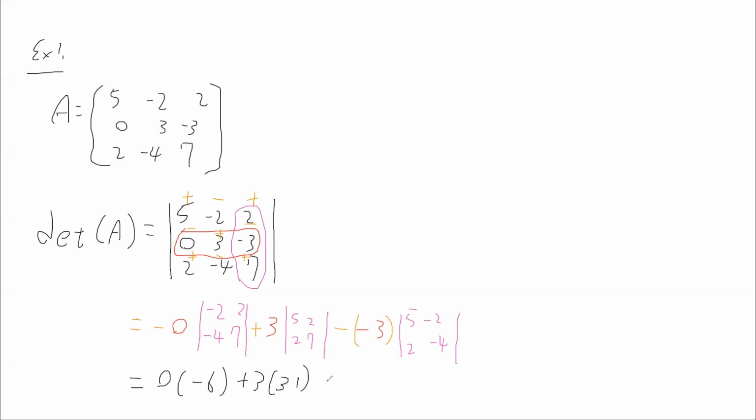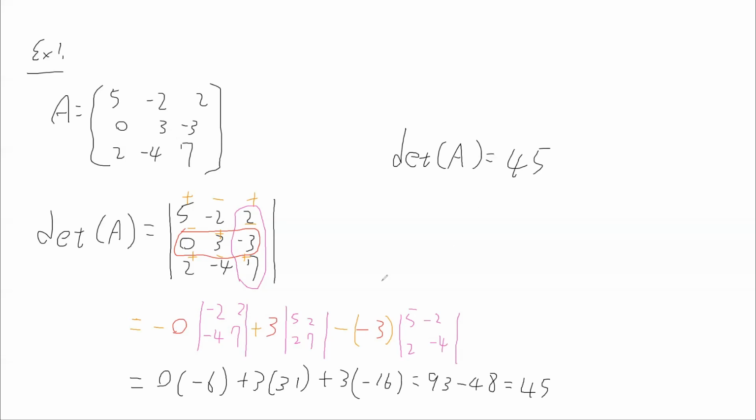And then that's a plus 3, multiplied by -20 minus -4, that's -16. Right, so what do we have? We have 93 minus 48, which gives us 45. Okay, and then we can say that the determinant of A is 45.